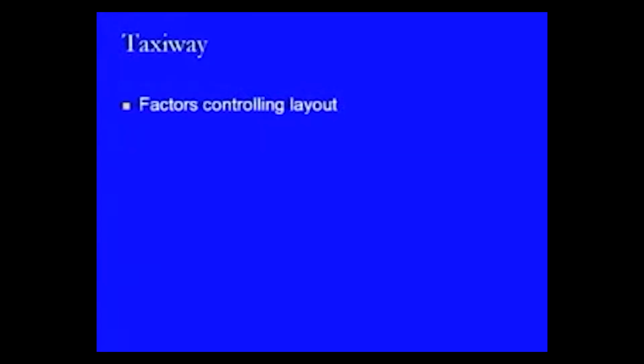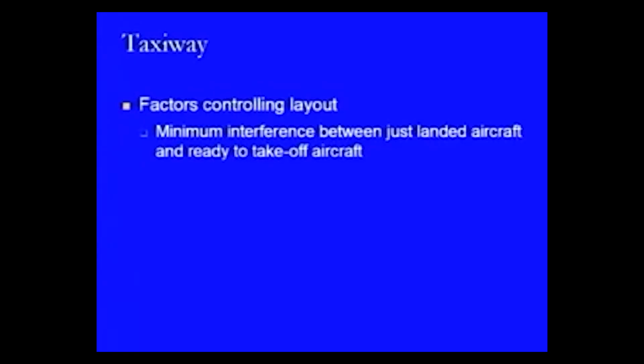We now look at some of the factors which control the layout of any taxi lane or taxiway. The factors are that there should be minimum interference between the just-landed aircraft on a runway strip and the ready-to-take-off aircraft which is coming towards the runway strip.